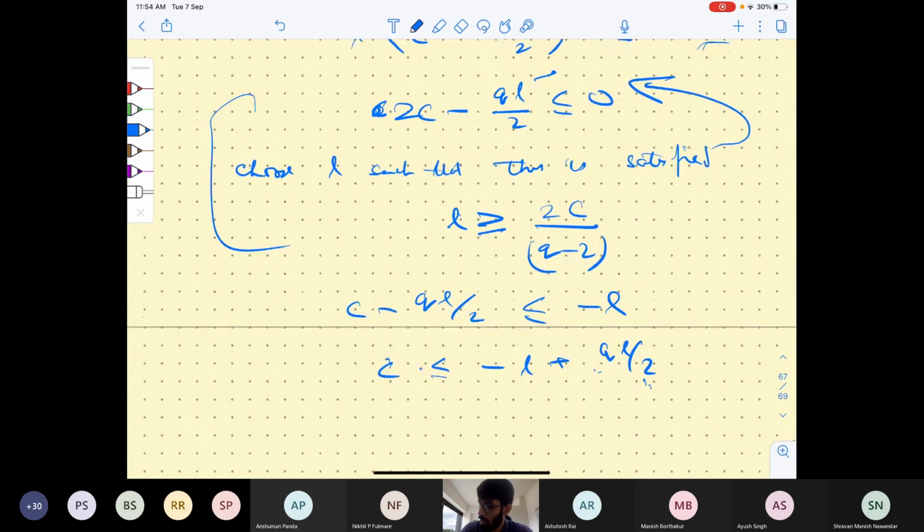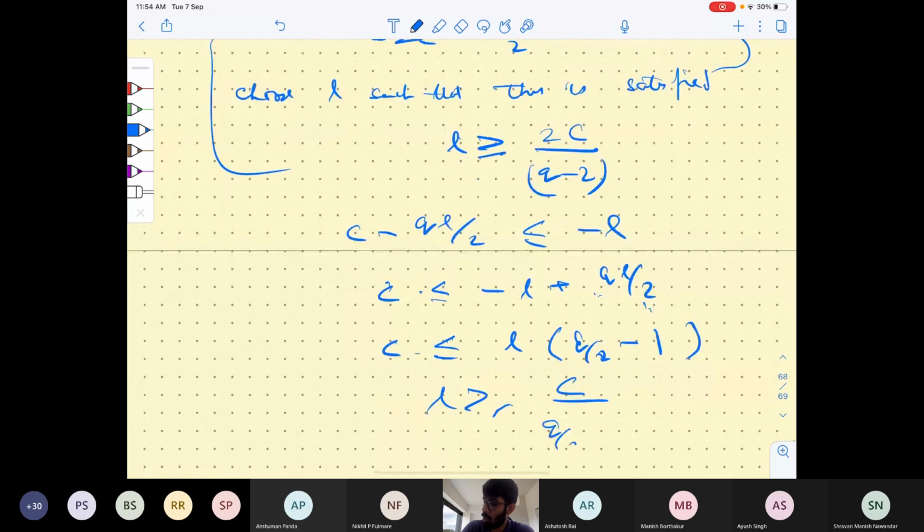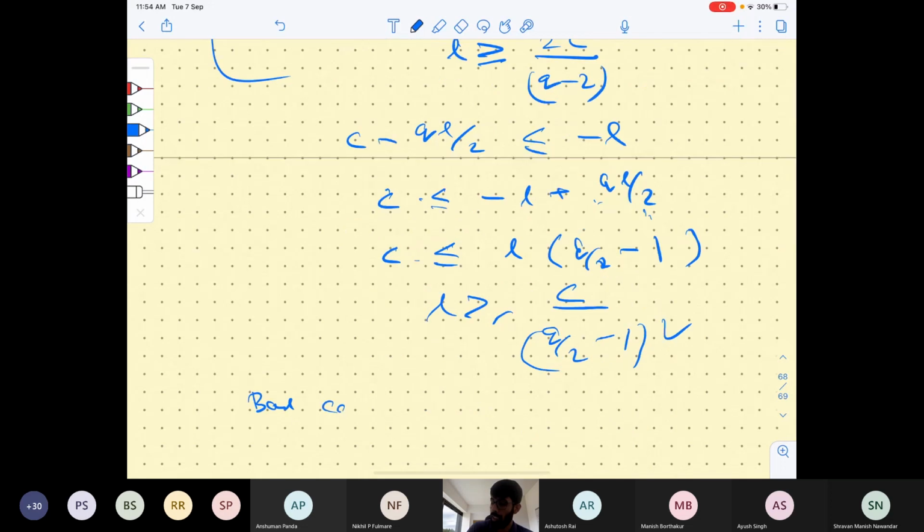And q over 2 is, of course, greater than 1, so this is fine. So l is equal to C over q over 2 minus 1, which is positive. I might have made some mistake, but again, you also need to do the base case. Just choose k large enough such that it satisfies the n is equal to 2 case.